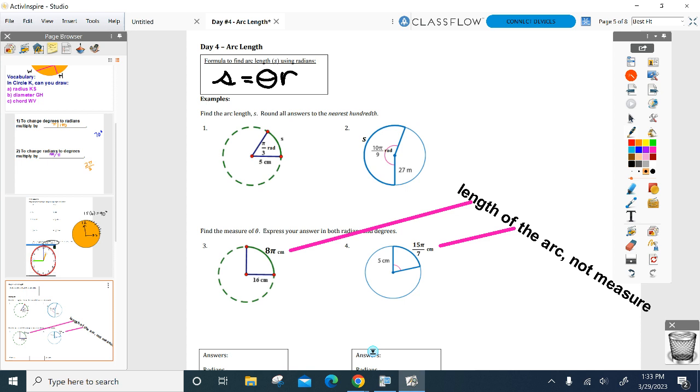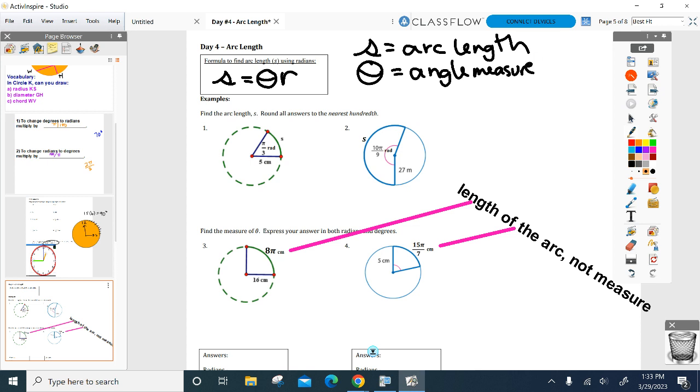What's each piece mean, real quick? S, that's your arc length. No idea why they call it S, sorry. Theta, that's your angle measure, but it has to be in radians.